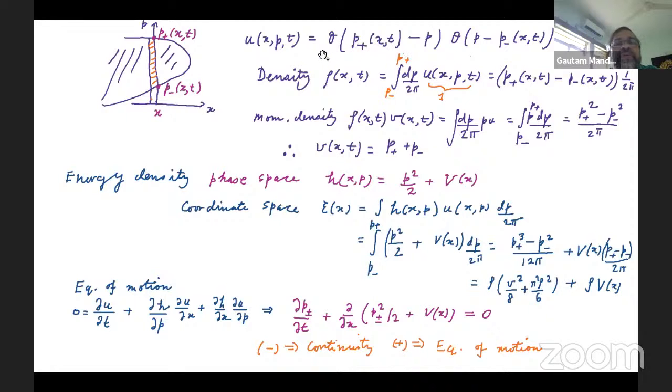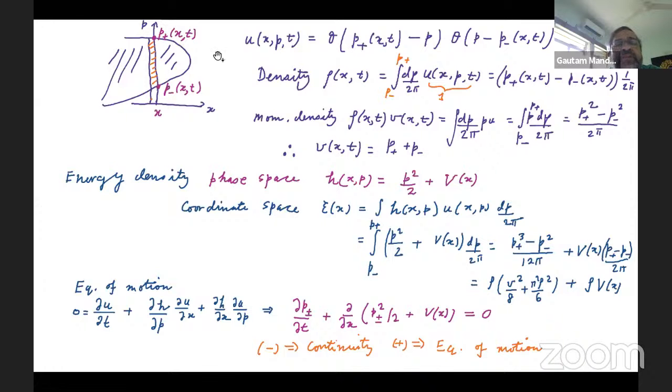So you have, let us say, for a quadratic droplet, U equal to 1 if P is less than P plus and greater than P minus. So that's given by this bunch of theta functions here. Now the density, therefore, let us take this infinitesimal strip here, drawn vertically from a particular X. And by our definition, the lower point is P minus and the upper point is P plus.